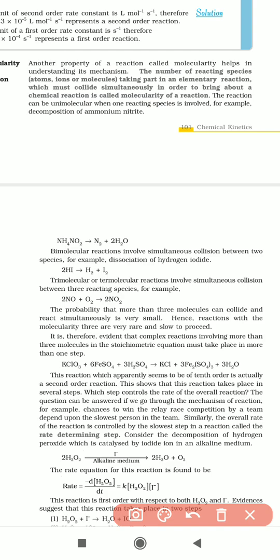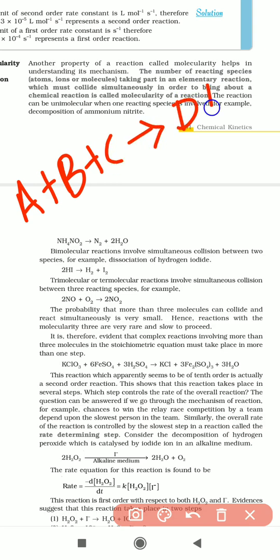For example, let us see if you take three components: A plus B plus C gives rise to D plus E. Therefore, what is the molecularity of this reaction?